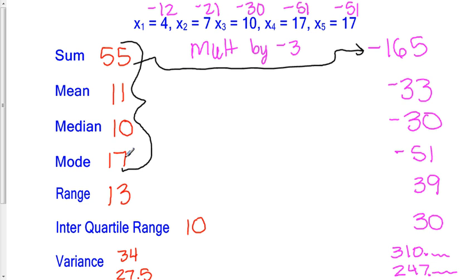So for these first four things, if you multiply by whatever value, then you just have to multiply each of those parts of your summary by that same number. Or if it is a division problem and you're going to divide by something, then you would divide these by those things.